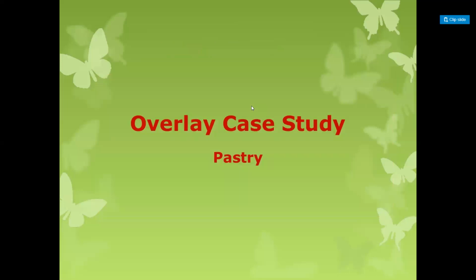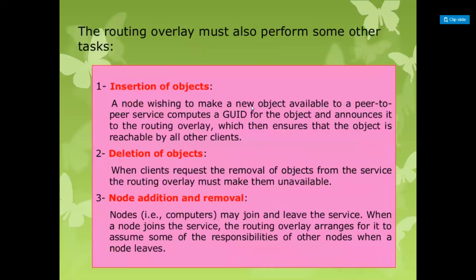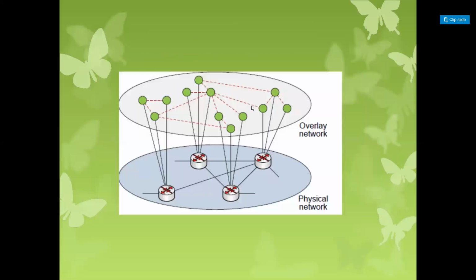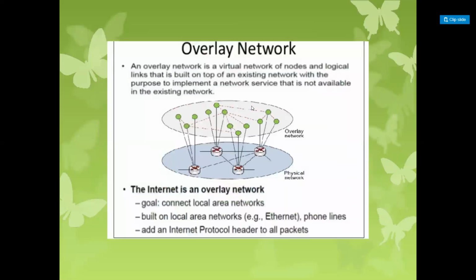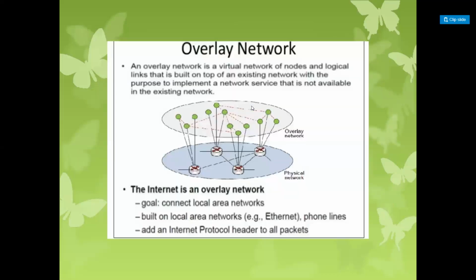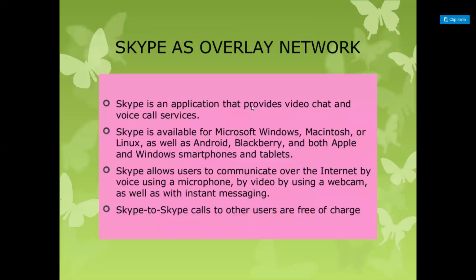This is all about overlays. As of now, we have discussed overlay networks. In the overlay network, first we saw what an overlay network is, with the diagram. The example is Skype.